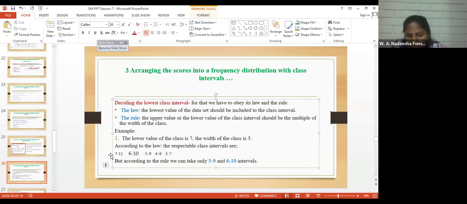Here the starting point is 7, then 6, 5, 4, 3, in descending order. The upper value also goes in descending order: 11, 10, 9, 8, 7.